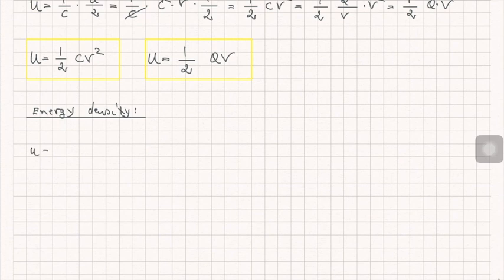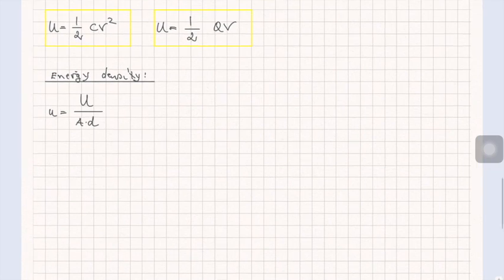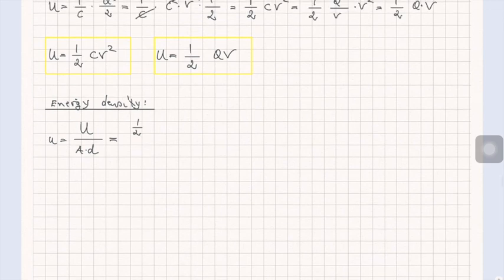So small u is now capital U divided by the volume, which is A times D, which is now, well, we calculated this, U equals 1/2 CV squared divided by AD.